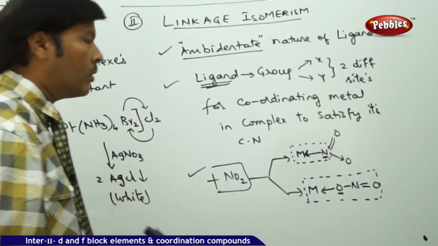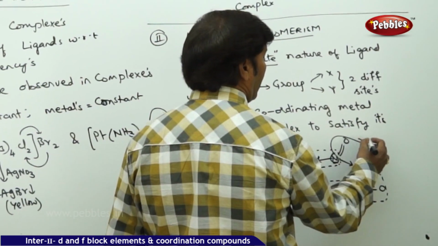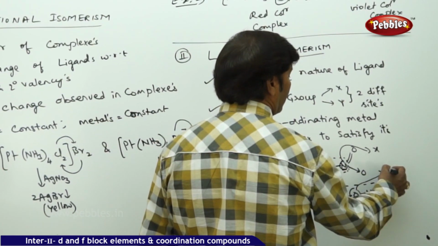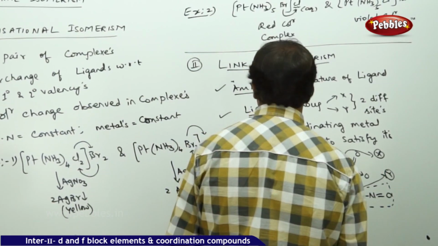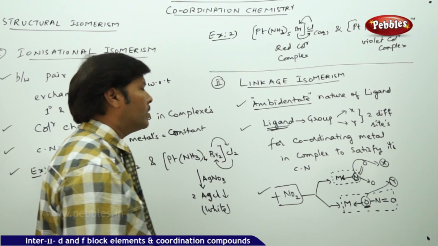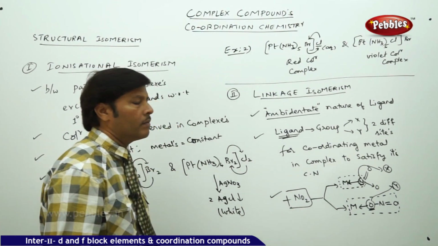So nitrogen is X, and oxygen is Y. Two different sites, X and Y. This is the main ambidentate nature of the ligand, and that leads to linkage isomerism.